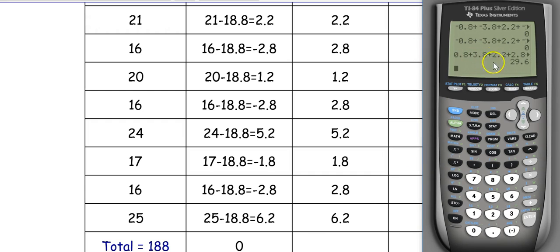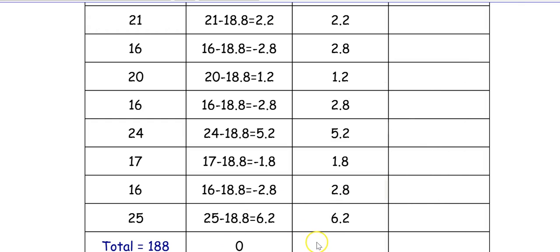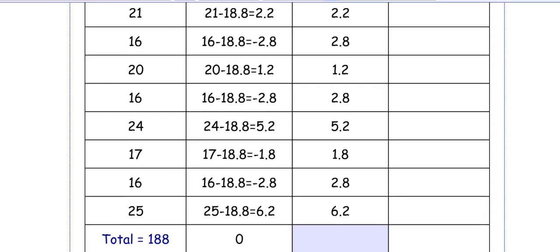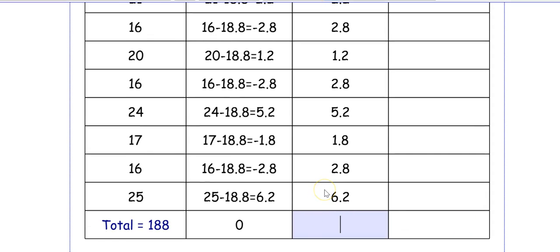I deleted those negatives, and then the total became 29.6. Now my total of that sum of these absolute deviations is 29.6, so I'll enter the 29.6 in this last box.